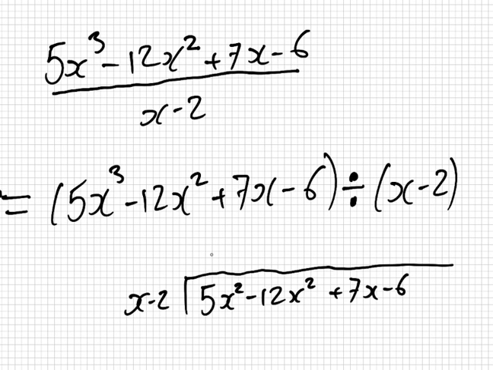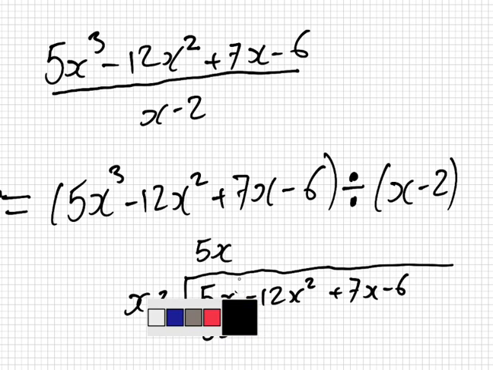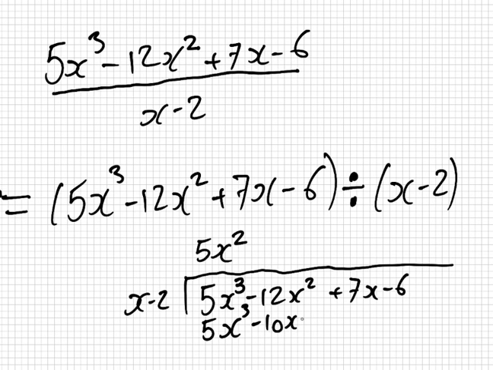Okay, so let's see what we can do. This will be 5x squared. Sorry, that's a 3, it doesn't look like it, I know. 5x squared, that will make 5x cubed minus 10x squared. When I subtract, what do I have?